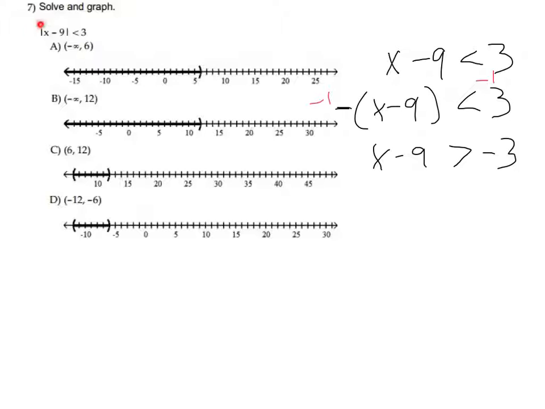You have the same thing on the inside, x minus 9, so the left is still x minus 9. But on the right side, you either have what it is, less than 3, or you switch the inequality, greater than, and switch the number, negative 3. This will give you two inequalities to solve.